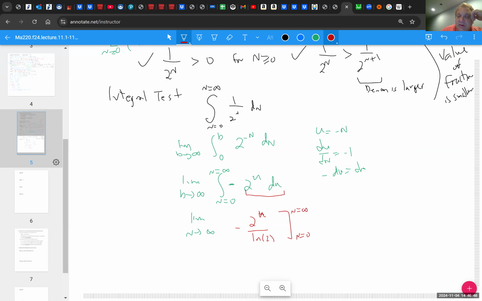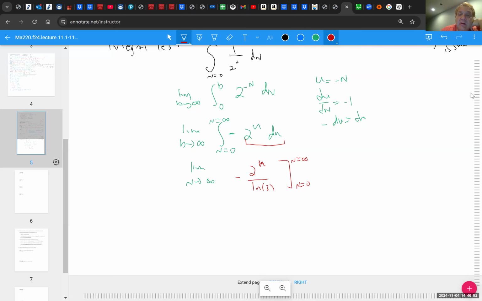But we're going to put this u thing back in terms of n before we plug stuff in. So we get the limit of negative 2 to the, what's u? u is negative n, so 2 to the negative n over ln 2. And then we just go from 0 to infinity. Plug in the numbers and subtract.